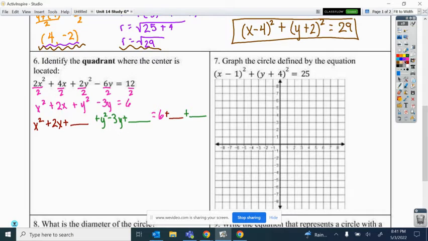So taking a look at this now, the value that I'm adding in with my x's, remember I'm going to take that b value, divide it by 2, and then we will square it. So we're talking about x plus 1 for that quantity squared. And then again, when I start talking about my y values, I take my b value of a -3 divided by 2, and then I square it.